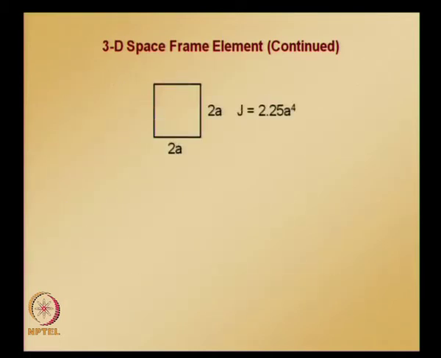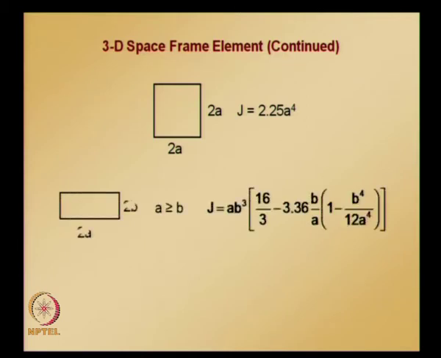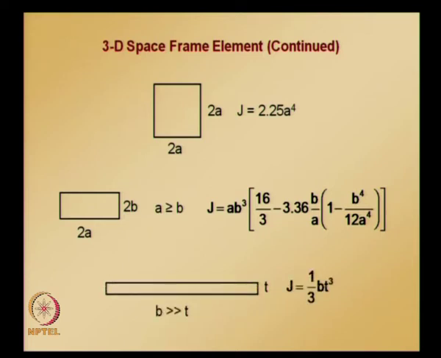So, for a square having dimensions 2a, J is given by this polar moment of inertia. Similarly, for a rectangular section with the dimensions shown there, 2a, 2b, where a is greater than or equal to b, the polar moment of inertia is given by that equation. And if you have a section in which width is much larger than thickness, J is given by this.